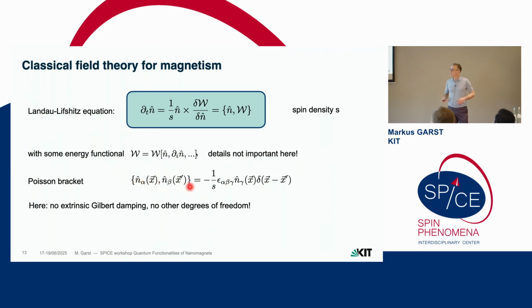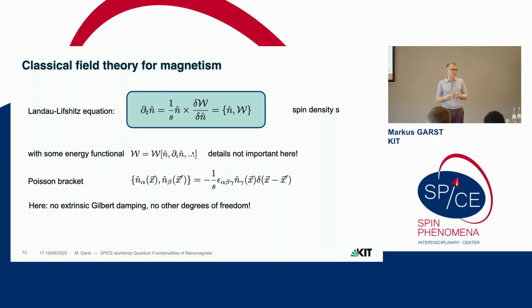If you remember how two spins commute on the same lattice site, you get something given by the antisymmetric tensor that mixes all these components.